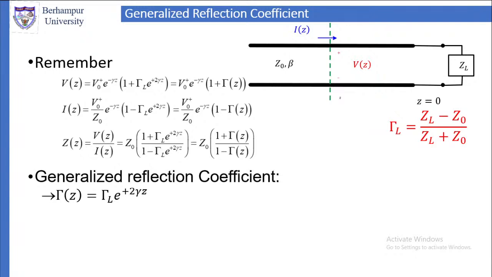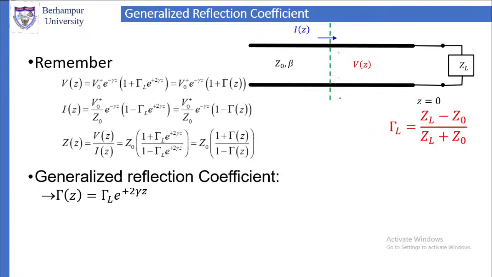Similarly, for I(z) we can write I(z) equal to V0+ by Z0. As you know, V is equal to I into Z. Therefore, I(z) is equal to V0+ by Z0 exp(-jβz) into (1 - Γ_L exp(2jβz)).